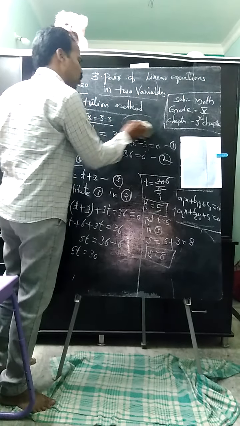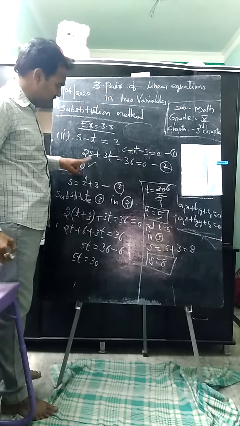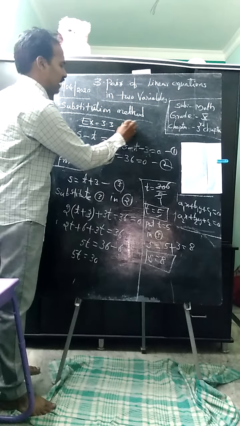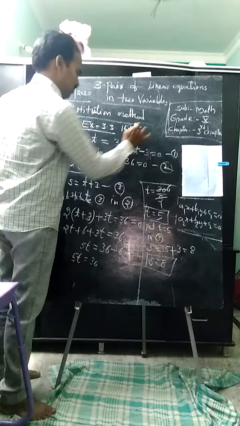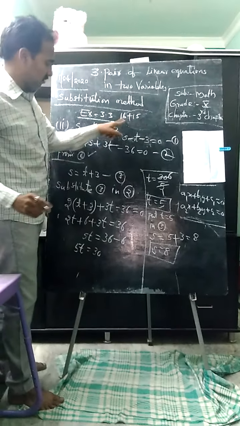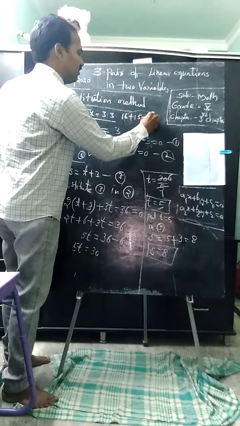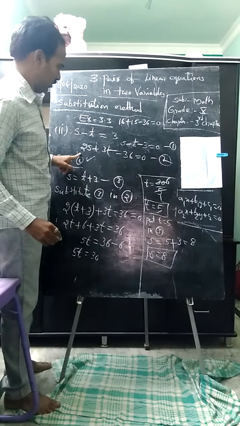Up to you. You can do verification to understand easily. If you want, you substitute in the second equation. 2 into s, 2 8s are 16, plus 3 into t, 3 5s are 15. Minus 36.